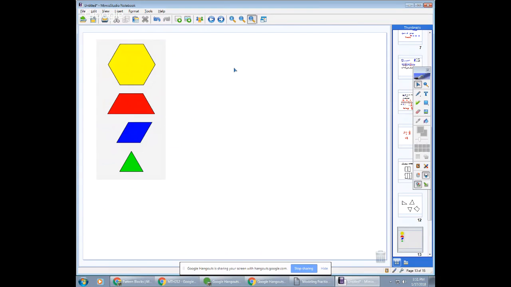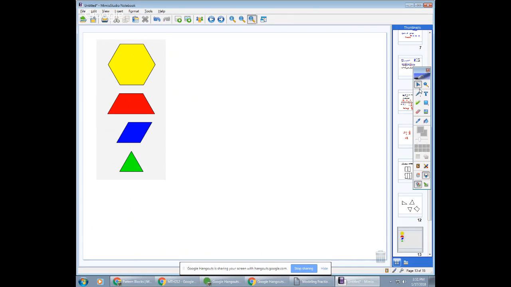So just some naming conventions so we're all on the same page. What should we call our yellow thing up here? Hexagon, nice. That'll be a hexagon. How about the red thing?